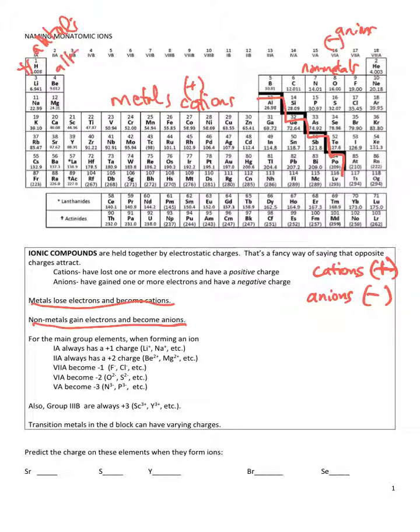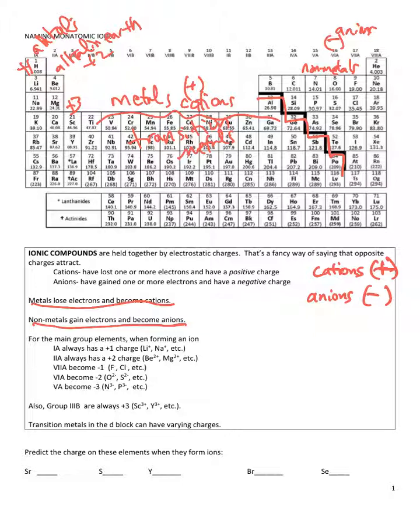The 2A, the alkaline earth, are always plus 2. Column 3A, they're always plus 3 when you make an ion. And then what's called the D block, or the transition metals, can have varying charges, and that will come into play as we go through this lesson.